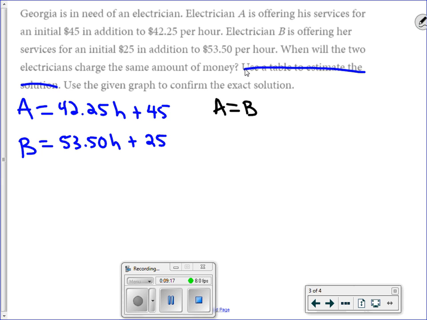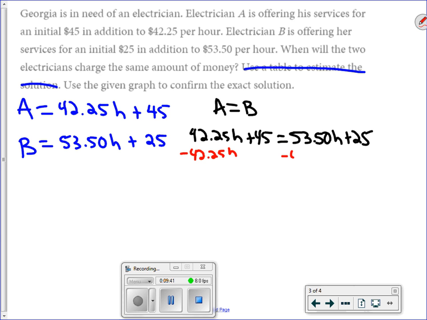So I take my A equation, 42.25H plus 45, and set it equal to my B equation, 53.50H plus 25. Use my inverse operations so I can isolate H: minus 42.25H, minus the 25.